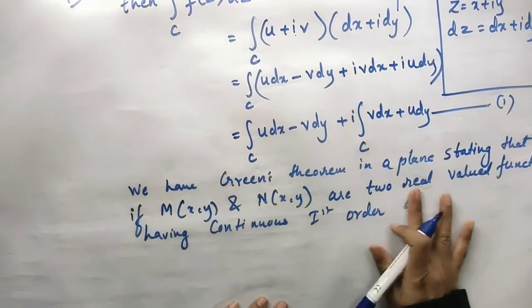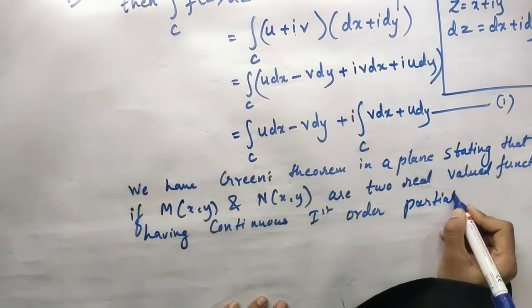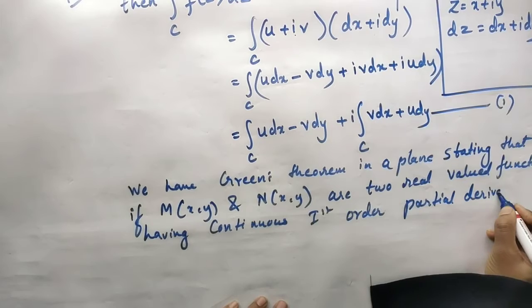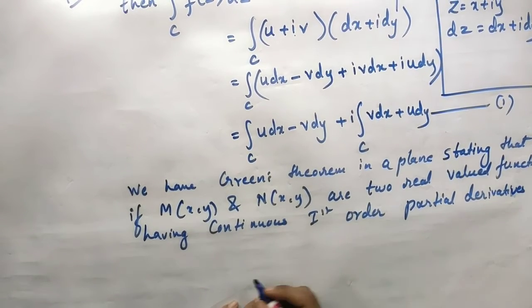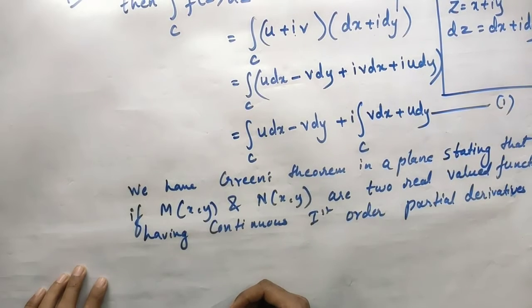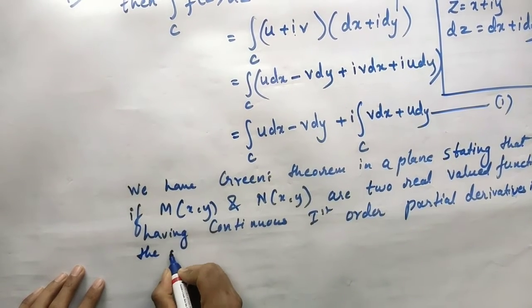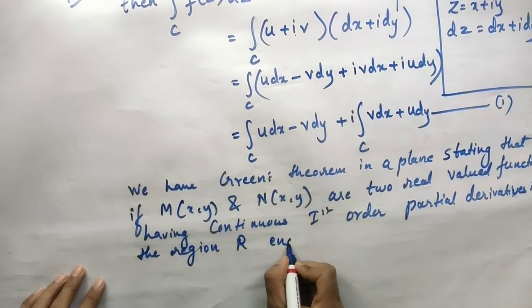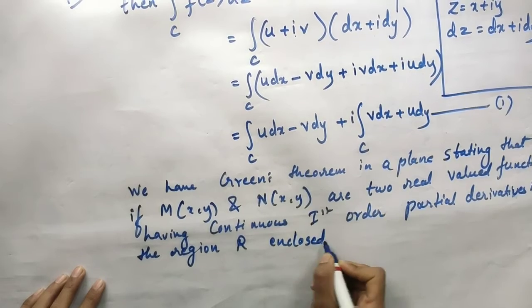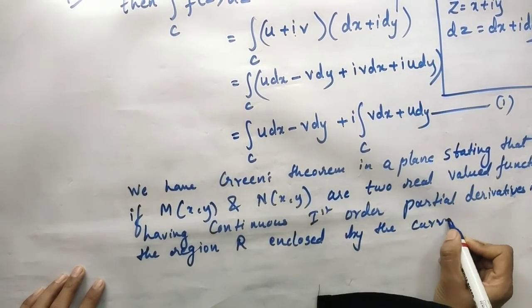First order, I would say not derivatives, it should be partial derivatives. Having first order continuous partial derivatives in the region R, enclosed by the curve C.